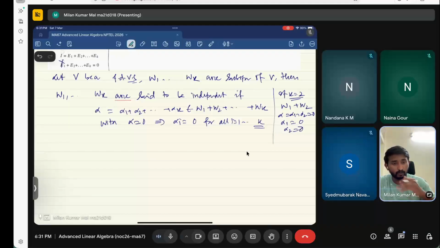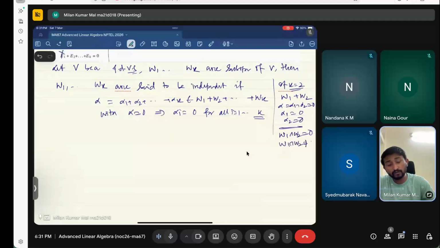This is what I want to mean, and this fact itself means that W1 intersection W2 equals 0, because if W1 intersection W2 is not 0, that means there exists some non-zero vector beta, which is in both W1 and W2. Then if I write beta minus beta, which equals 0, this is alpha 1 and this is alpha 2.